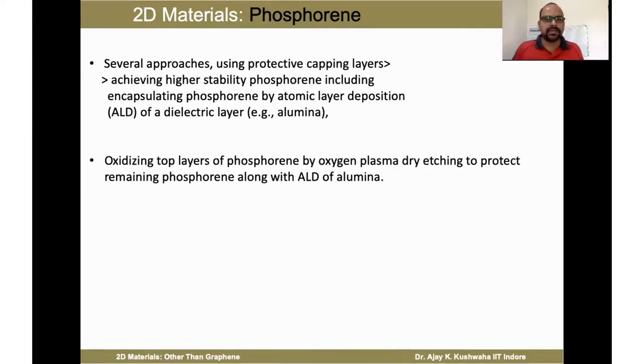This can also be achieved by oxygen plasma dry etching to protect the phosphorene. Let's say you have a multi-layer, so maybe only 1 or 2 layers of the surface side can be exposed to the oxygen plasma so they get oxidized, and in this way we can protect the other layers.